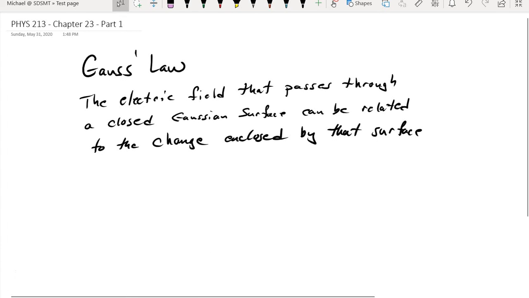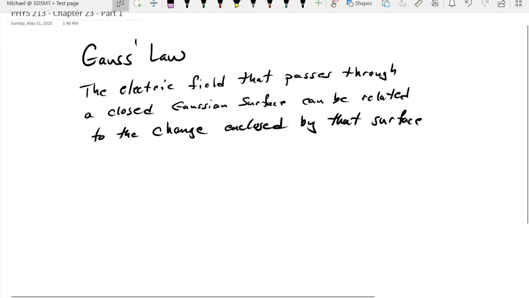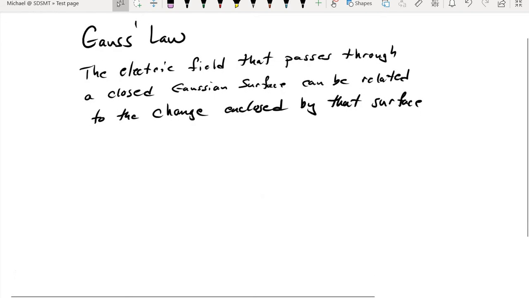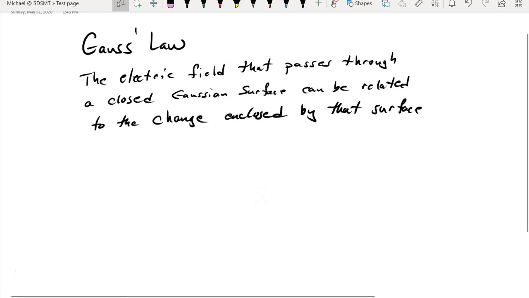And what Gauss did was he kind of picked up on the patterns of what was occurring every time they would find the expression for an electric field, and he put that together in this statement called Gauss's Law. And we'll go ahead and read through this and then try to make sense of it later on in this video.